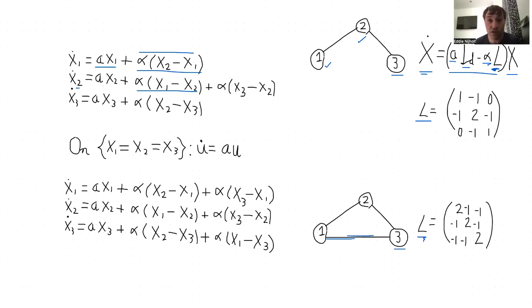So how do you go about analyzing these systems? The first thing we note, and this is a feature of all these kinds of coupled systems, which later we'll see in a bit more generality, is that I can always define a space where all the states of all the nodes are exactly the same.